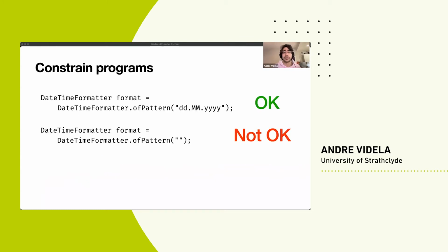Another problem that is slightly related, related in the way it manifests, but not in the way we experience it, is to constrain existing programs that expose an overly general API. If we look at this example, we have a date formatter object that takes a string and creates a new format.